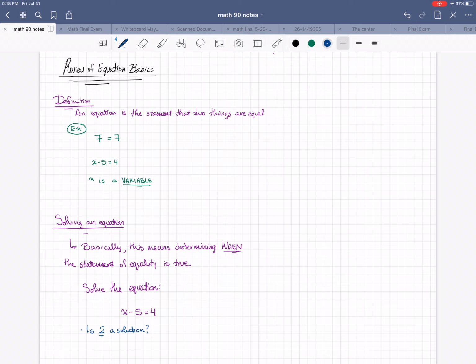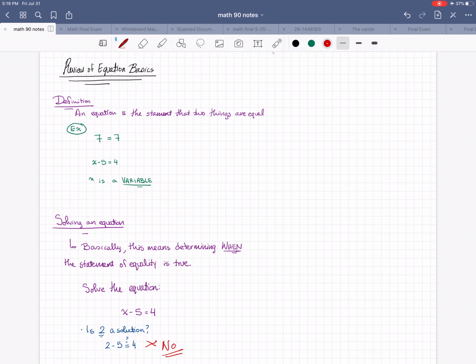Again, sitting at home, tell me, what do you think? Is 2 a solution? What that means is if I replace x with 2, will 2 minus 5 be equal to 4? I think we can all agree that no, 2 minus 5 is negative 3, it's not 4.